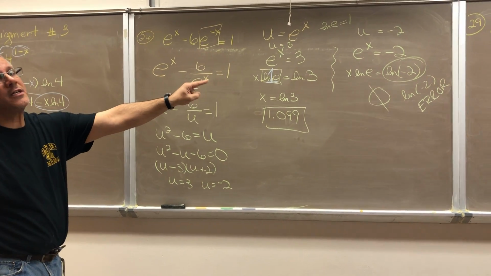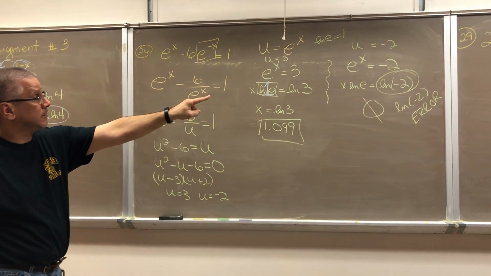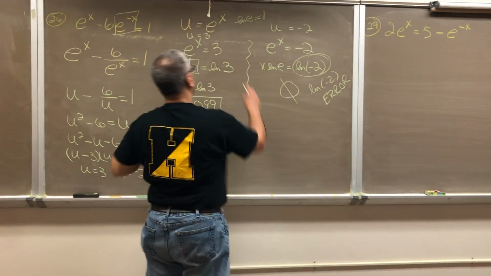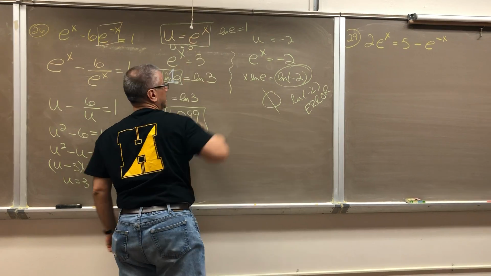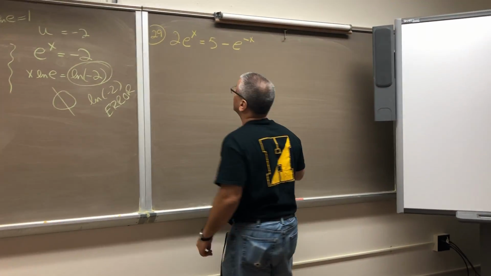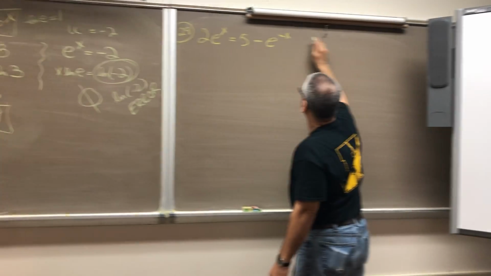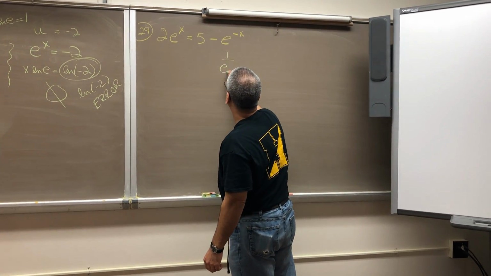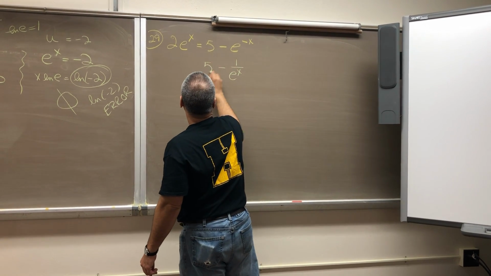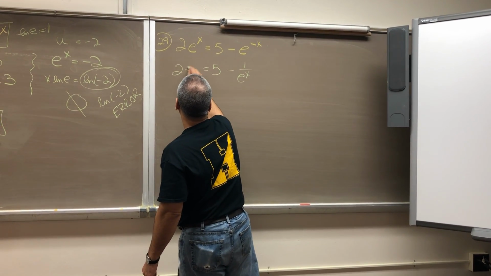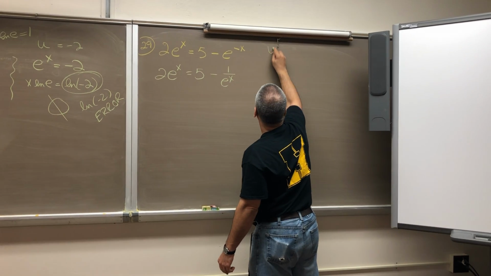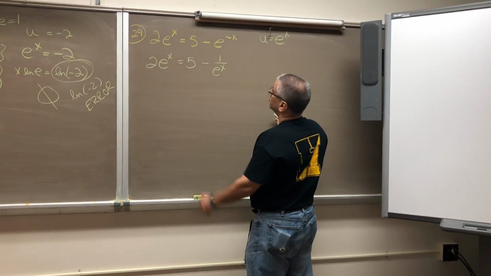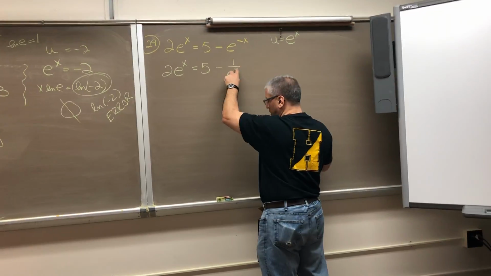Number 29 is done the exact same way, where we're going to use that u equals e to the x. I picked my favorite letter u. So again, I'm going to rewrite this as 1 over e to the x. Do my substitution, u equals e to the power of x. So wherever I see e to the x, I'm going to write u.